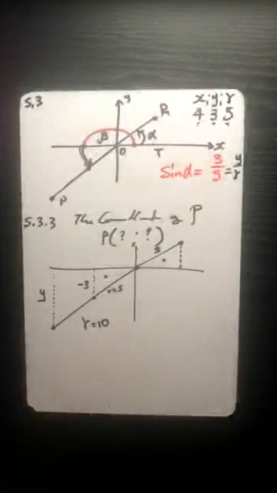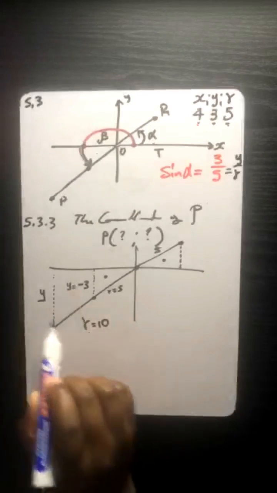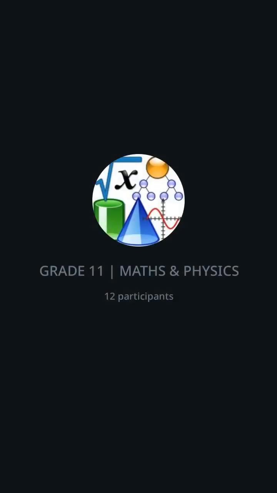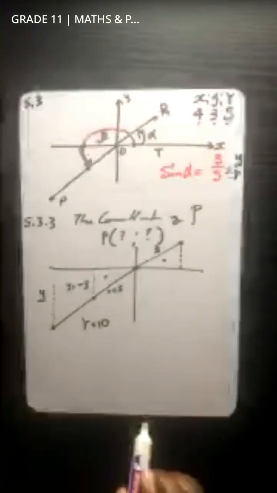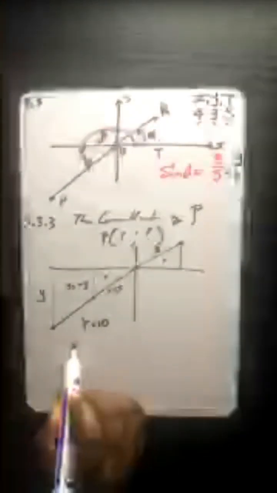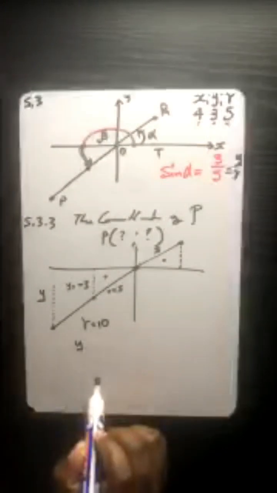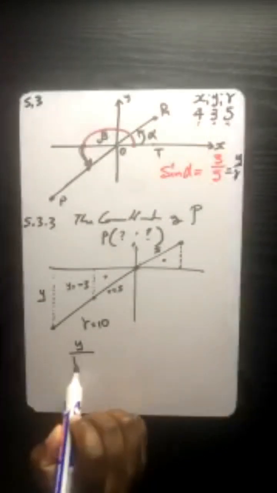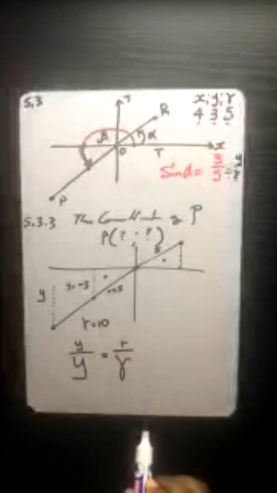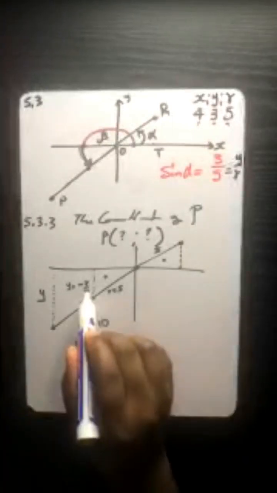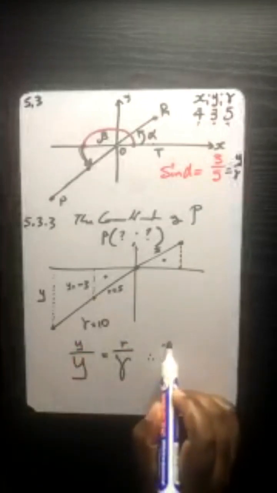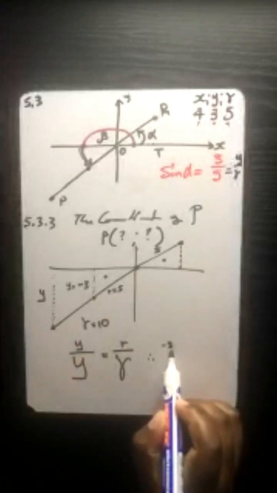You can use the ratio idea to say, remember, this is the y of the small triangle, this is the y of the big triangle. This is r of small, r of big. So what if you say the y of the small triangle over the big y equals small r over the big r. What is the y of the small triangle? I think it's -3.